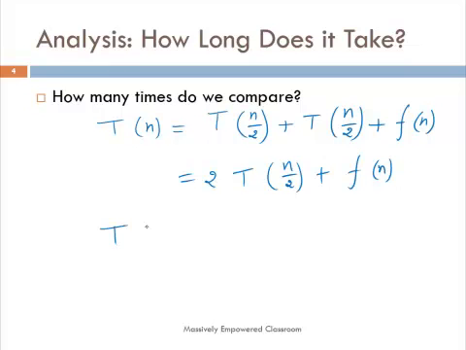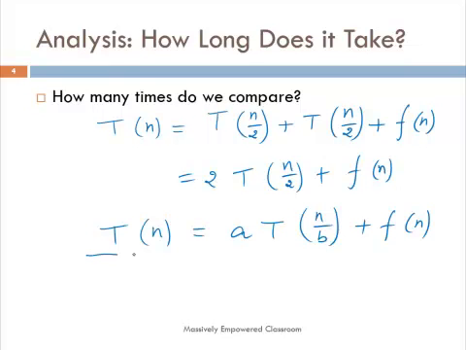In general, if we divide it not into two parts but into some other number of parts, the recurrence relation for a divide and conquer algorithm takes the form a times t n by b plus some function f of n. Right? So this is the typical recurrence relation for a divide and conquer algorithm. We will see how to solve such a recurrence relation.